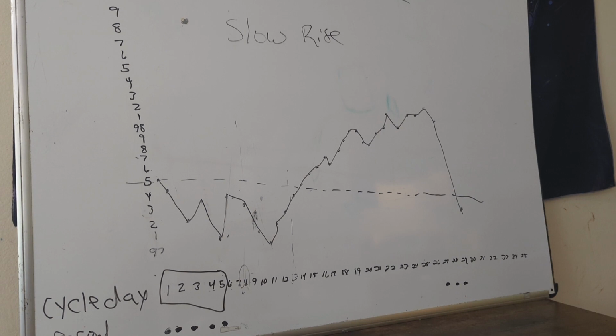Referring back to this chart, we can see that the cover line was drawn at 97.5 and there was a slow rise in temperature here. It was a tenth of a degree increase each time, and then it was sustained. You can see that the temperature stays and hovers above the cover line, indicating that ovulation has occurred.